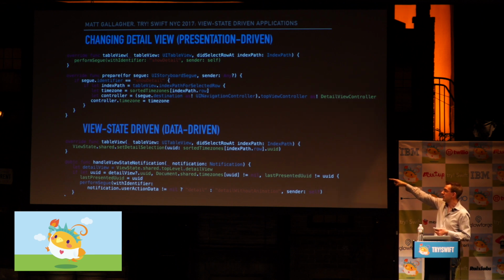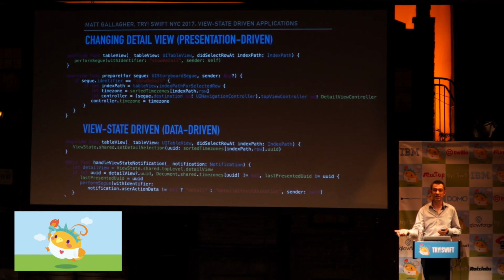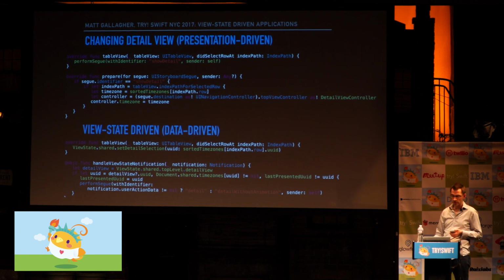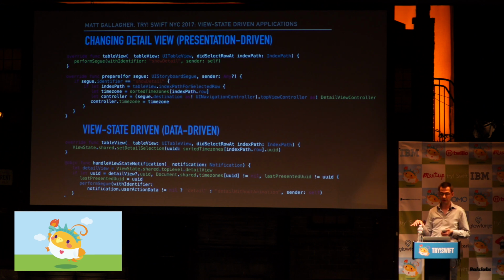So it's the first green line under the view state driven heading there: view state.shared.set detail selection. So it sets the detail selection on the view state model. And then all we do is, in the same way that we prepare for segue, instead we now handle that view state change. And the last thing we do is perform the segue.